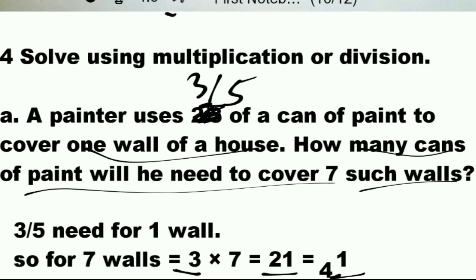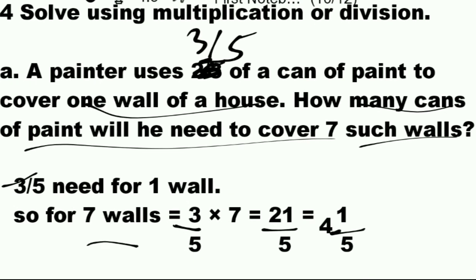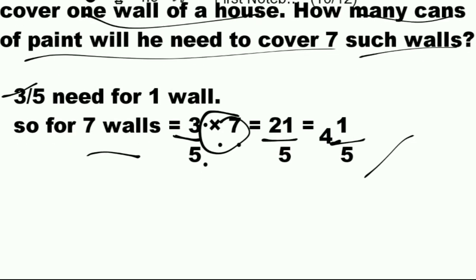So now for one wall he needed 3 by 5 can. So now for 7 walls he needs 3 upon 5 into 7. Why is it multiplication? Because for one wall, and if it is more than one, it means we will only multiply. So 7 threes are 21 upon 5 and 21 by 5 we can write as 4 1 by 5.